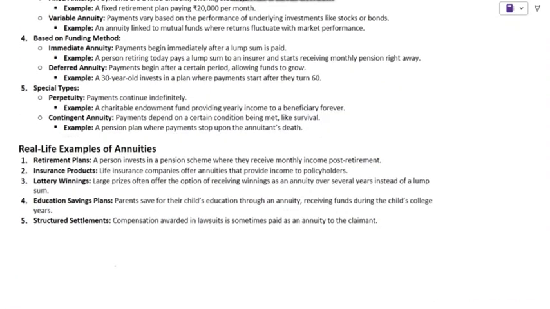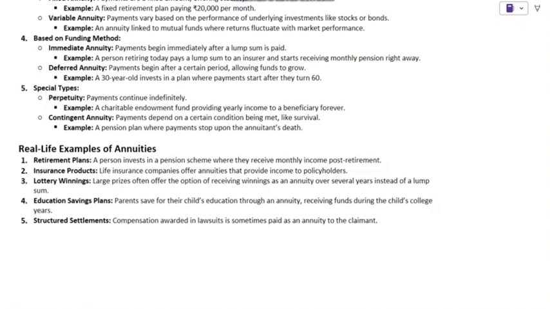Here are real life examples of annuity. Retirement plans: a person invests in a pension scheme where they receive monthly income after retirement. Insurance products: life insurance companies offer annuities that provide income to the policyholder. Lottery winnings: large prizes often offer the option of receiving winnings as an annuity over several years instead of a lump sum.